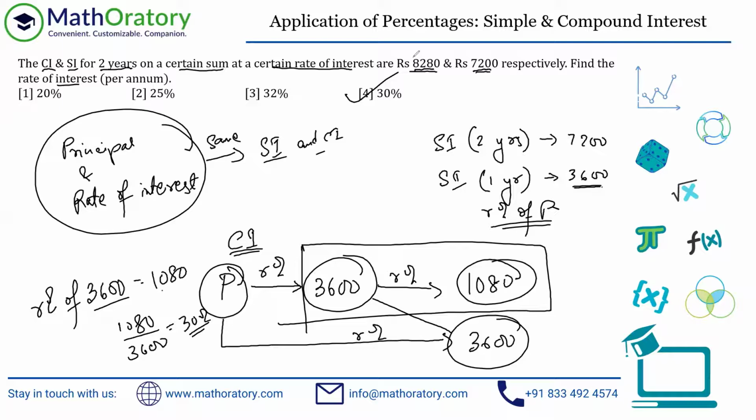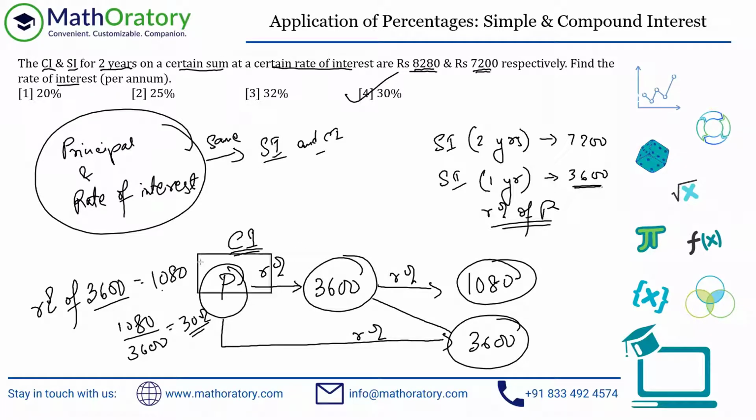One other thing, in this particular question, the question could have asked for the principal as well, right? And now we can do that. Once you have got the rate of interest as 30%, let me again refocus this. If you look at this part now, you already know that R percent of the P is 3600, right?